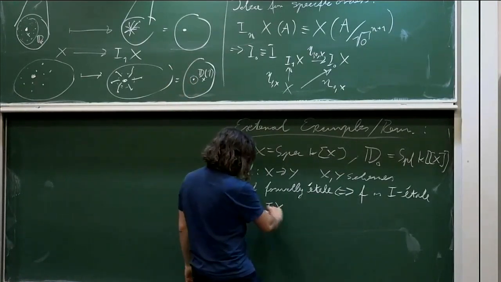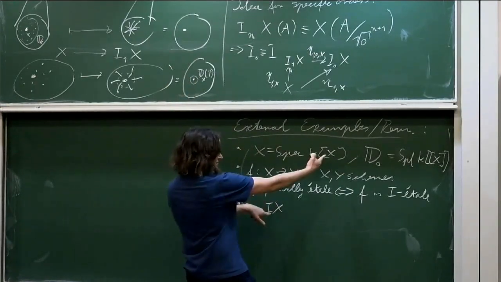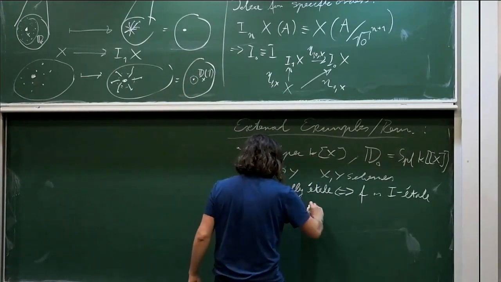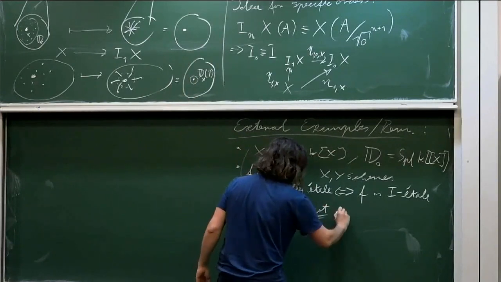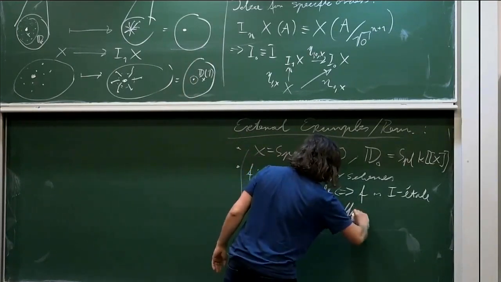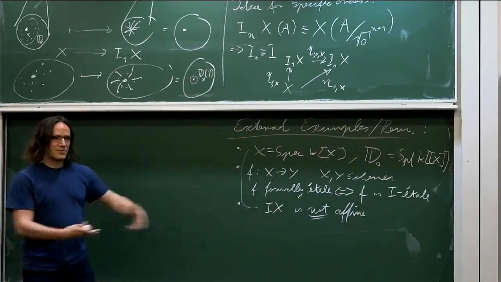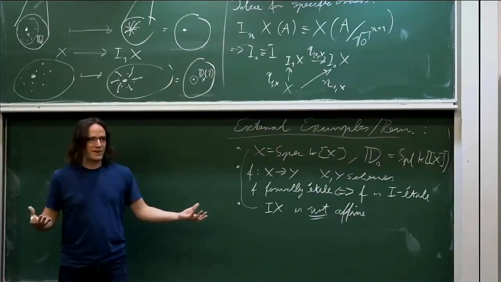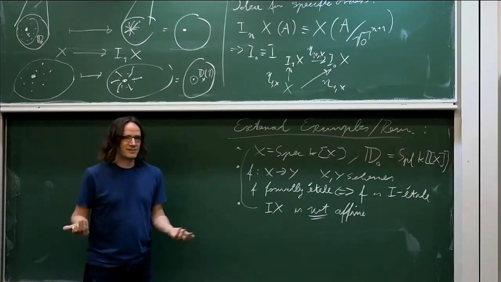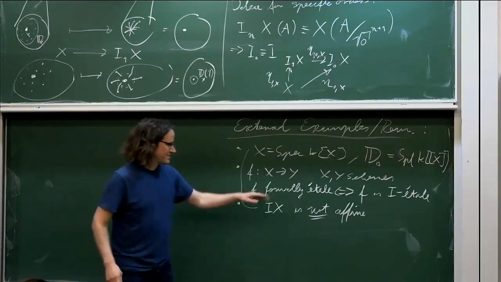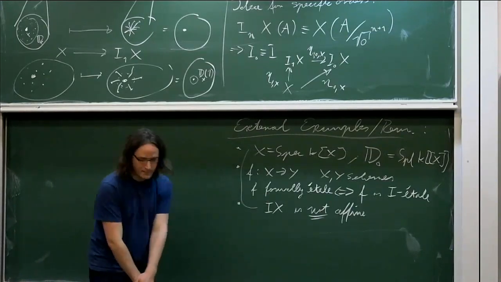And if I apply it to a scheme like this, for example, the affine line, the result will not be affine. So people always ask this, and no, it almost always destroys being affine, so you can't see it really in regular scheme theory like this. So don't try. You need sheaves for this. Okay.